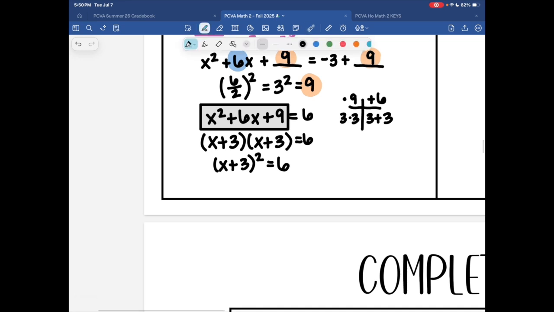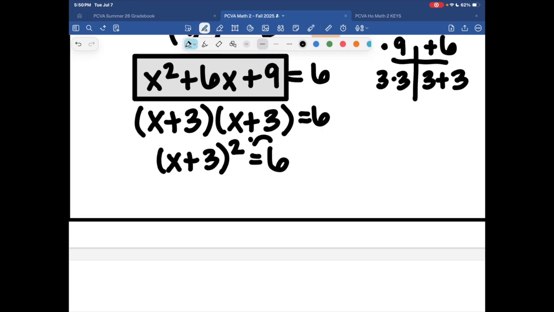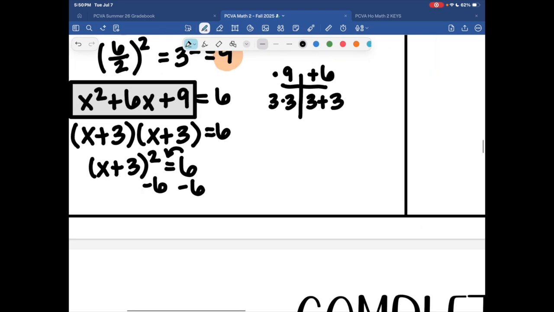So I'm going to move it back over. I'm going to subtract that over. So I now have x plus 3 squared minus 6, and we can set it equal to 0 just so it kind of keeps you mindful of what's the left and the right.